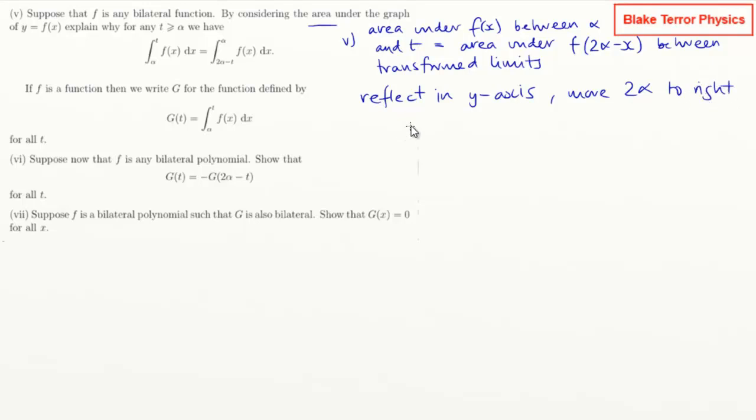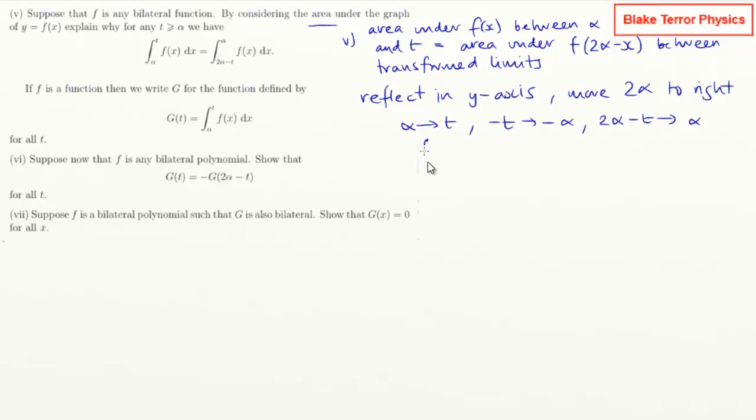So that means we're going from alpha to t. Then we reflect in the y-axis, so we go from minus t to minus alpha. Then we move 2 alpha to the right, which means we go from 2 alpha minus t to 2 alpha minus alpha. So that's just flipped our limits.